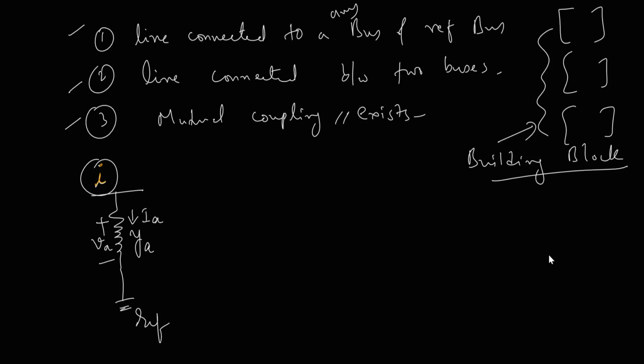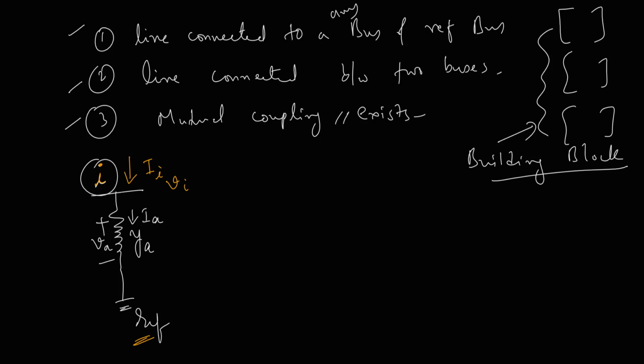This is bus I, and let us assume that the current injected into this node is II, and the bus voltage is VI with reference to some reference node. So I have defined the primitive variables and the node variables.